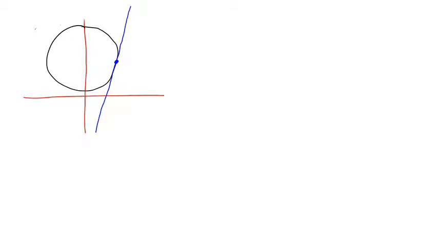So what we can do is actually use our knowledge of trig ratios. If we draw a triangle out of that, we've got rise over run, or if this is our angle in here, we've got opposite over adjacent.